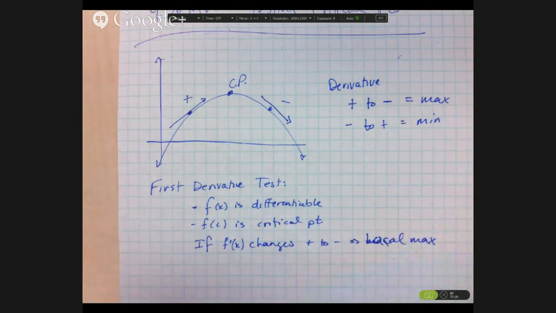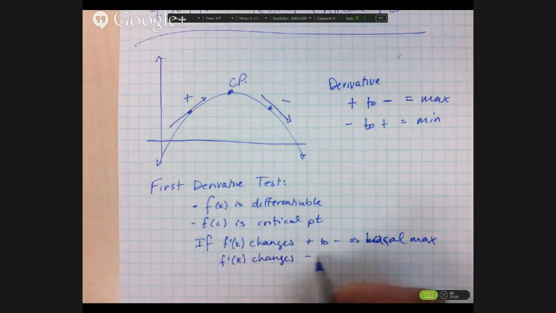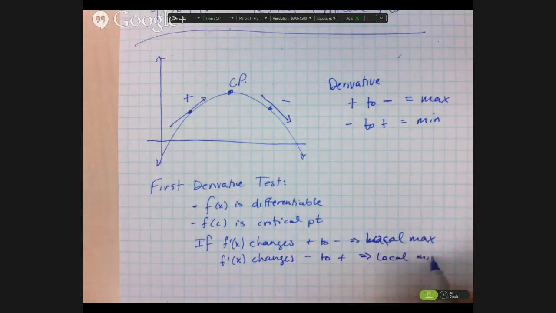Okay, if we go from positive to negative, it's a local max, and negative to positive, local min. That's guaranteed. It could be absolute, but we don't know it.